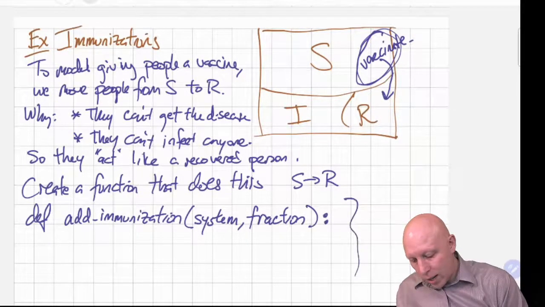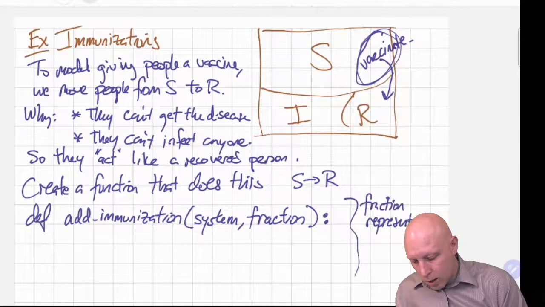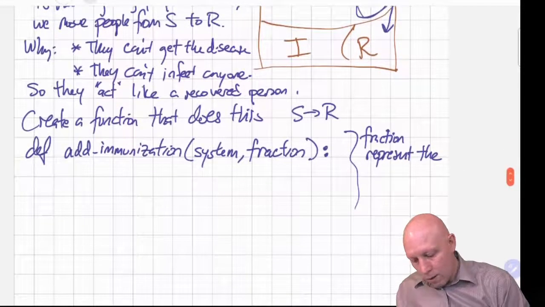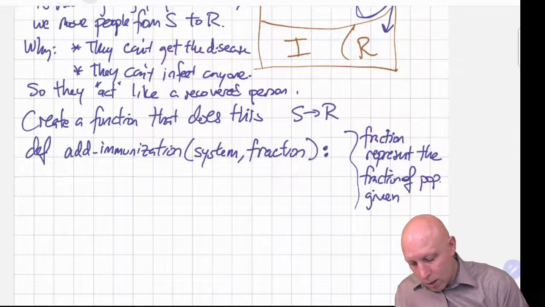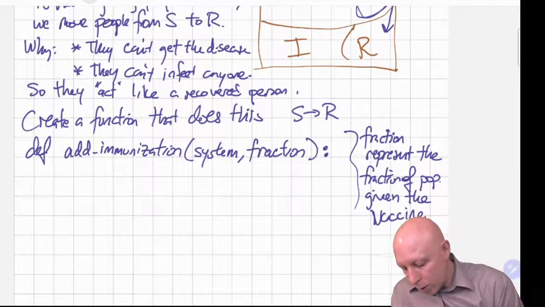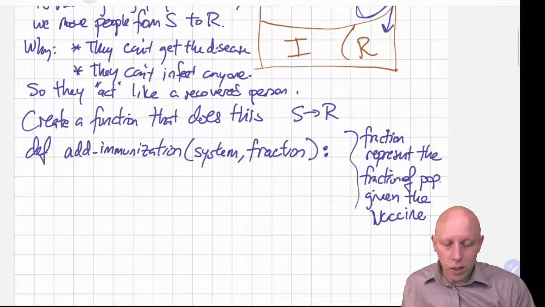This fraction will represent the fraction of the population that was given the vaccine. So what do we need to do?